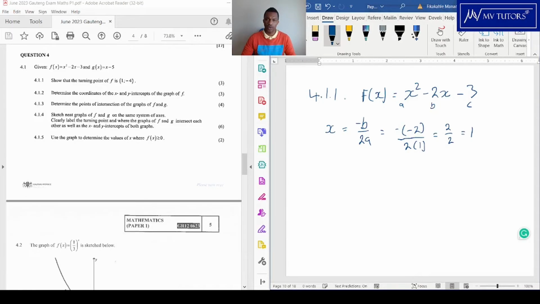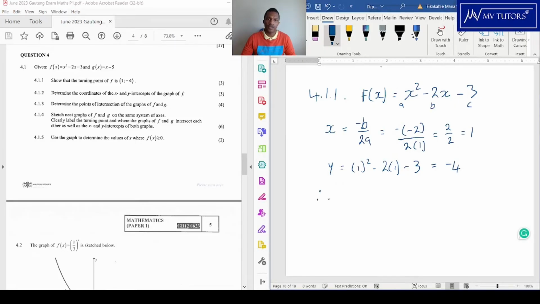This equals 1. Now to get the value of y, basically substitute the value of x into the original equation, which will be 1 squared minus 2 times 1 minus 3. That is going to be 1 minus 2, which is minus 1, minus 3, which is minus 4.